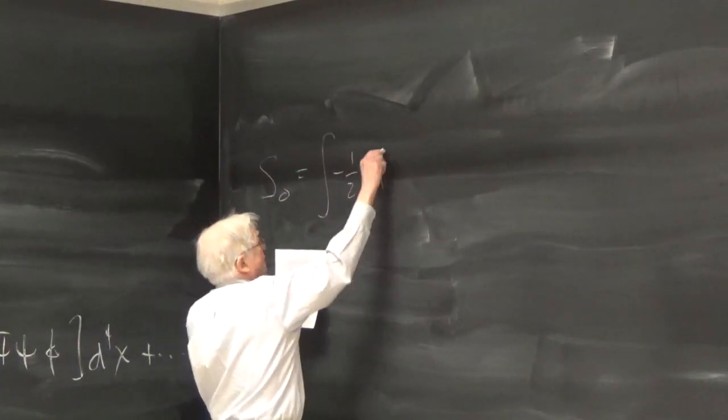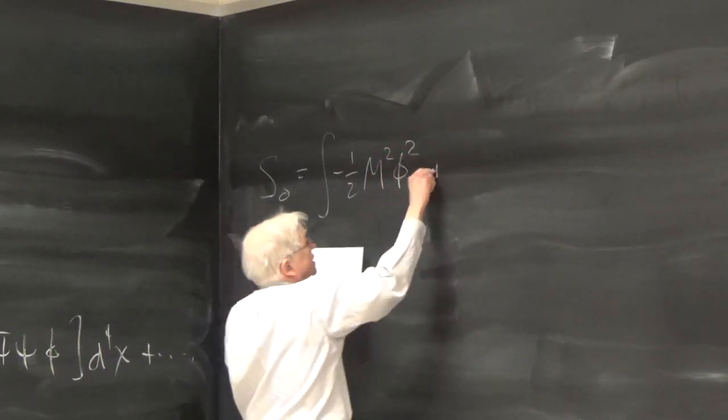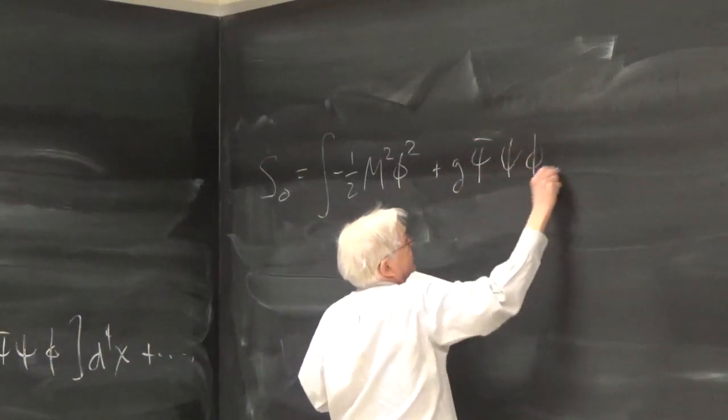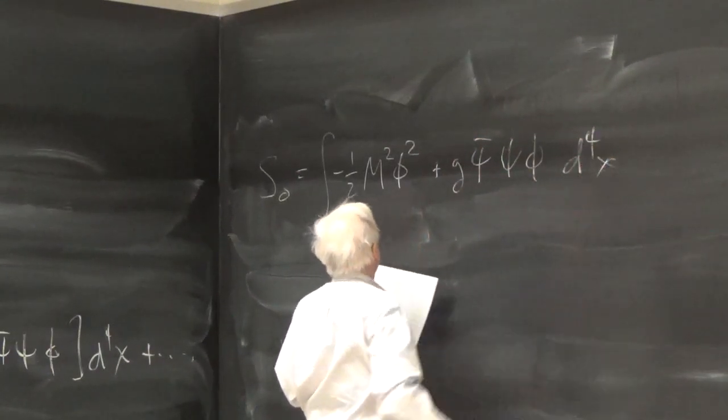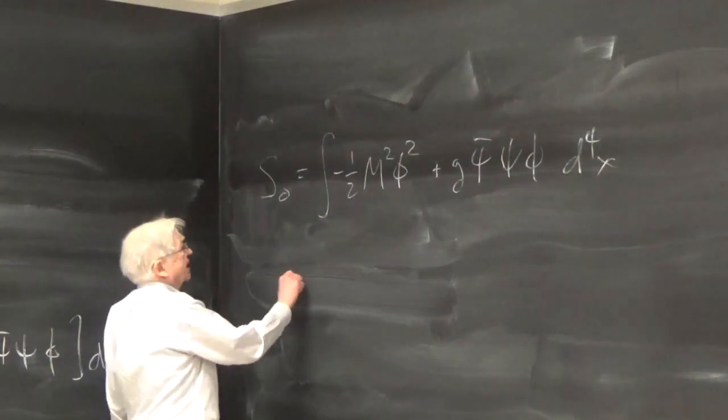minus a half M squared φ squared plus g ψ bar ψ φ, d4x. And now we can complete the square.